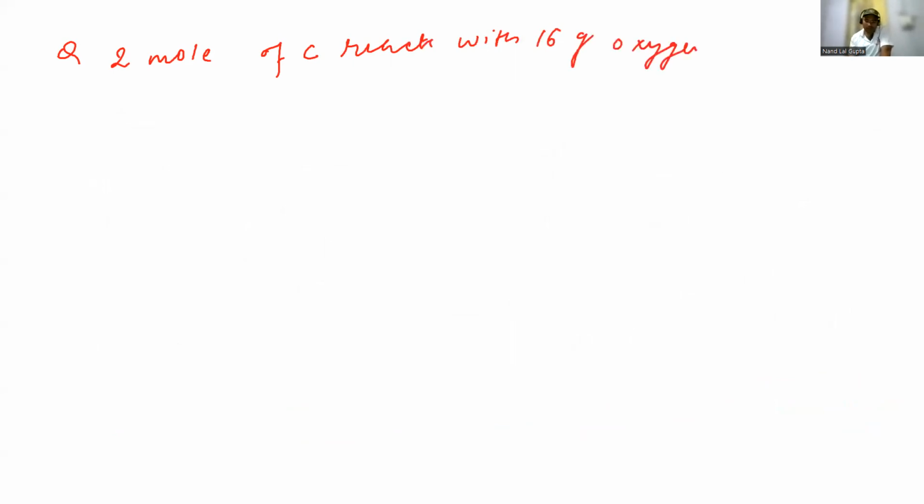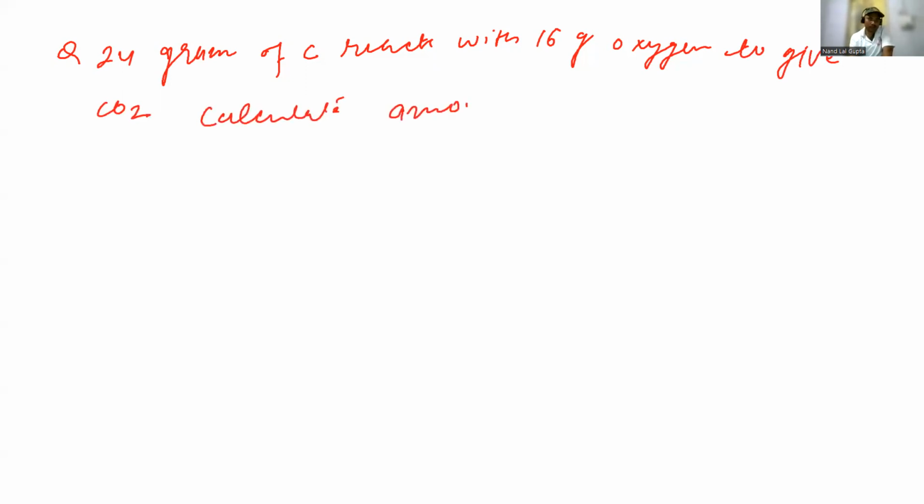Better you write 24 gram carbon, otherwise you can be confused. 24 gram carbon reacts with 16 gram oxygen to give CO2. Calculate the amount of CO2 formed.